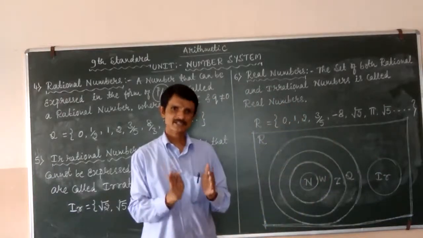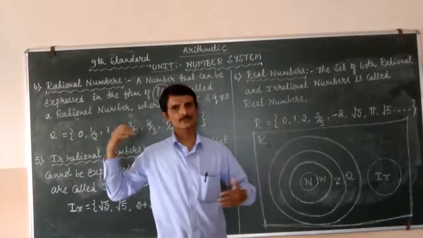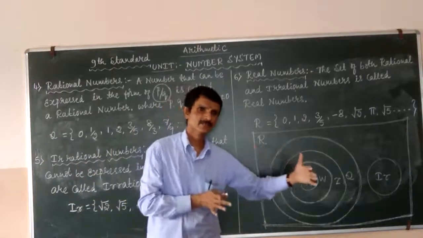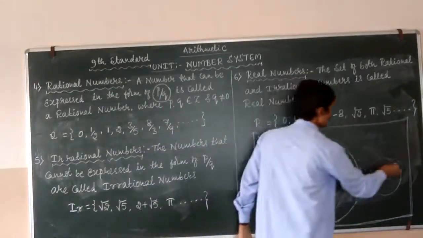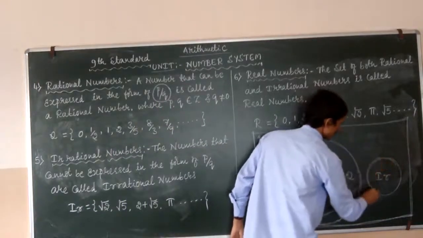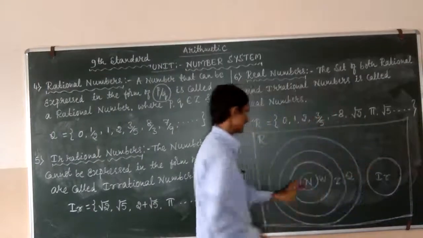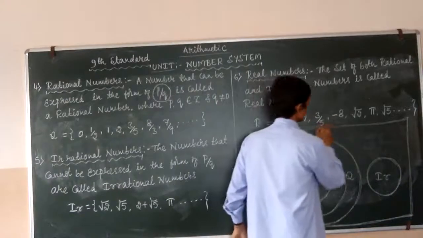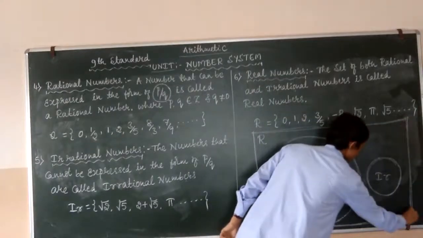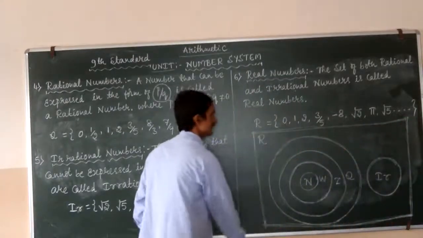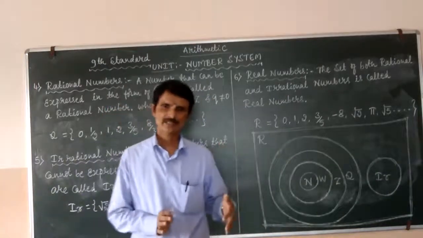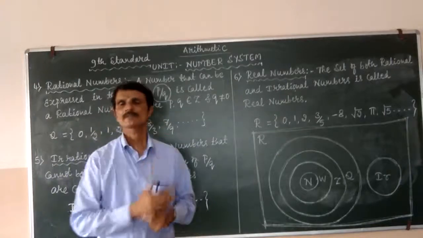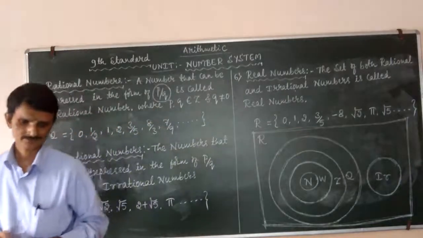Already you know that irrational numbers are the numbers which cannot be expressed in the form of p by q. Therefore, they are kept outside these sets, but they are included in the real numbers. So this is the relationship between the different types of sets of numbers.